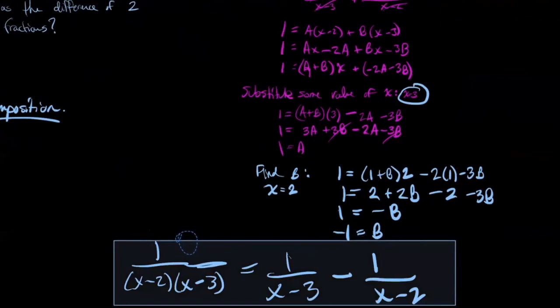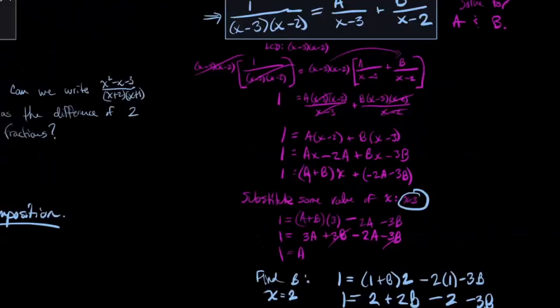So a few questions come up when we do this. First off, how do we know to use x equals 3 and then x equals 2? Well, we could look at the denominators.